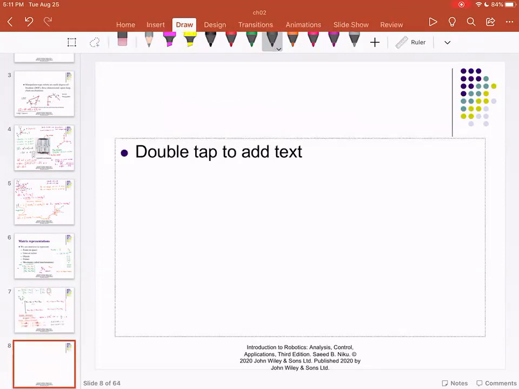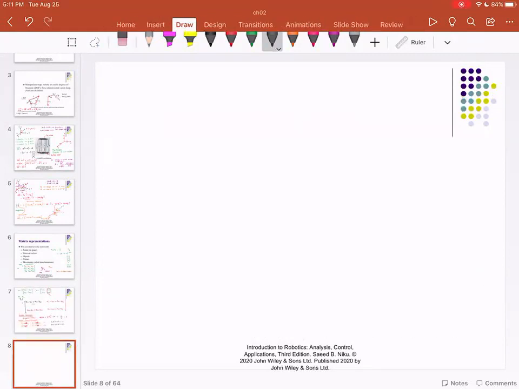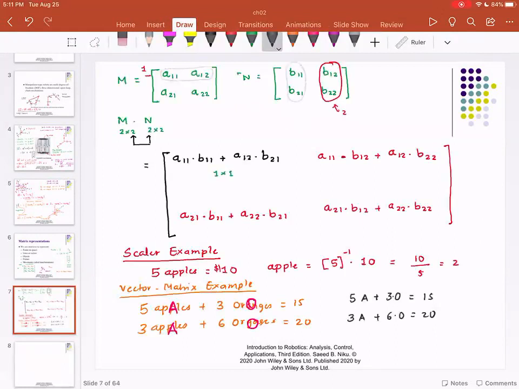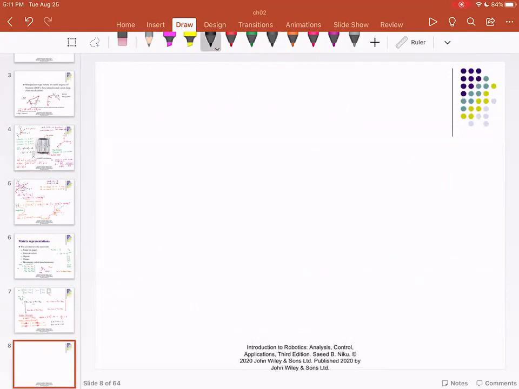So 5A plus 3O, 3A plus 6O. So 5, and then I will have A and O. 5A plus 3 oranges, plus 3 apples, 6 oranges is equal to, now I have 15 and 20.